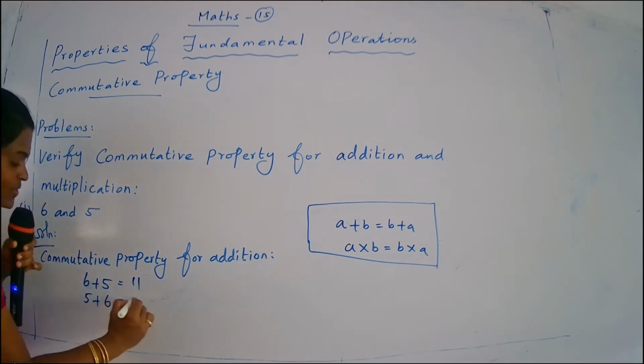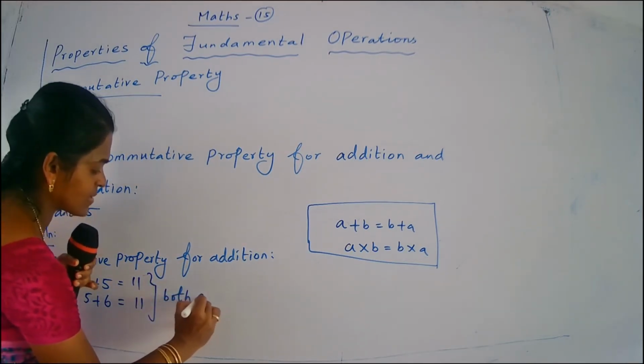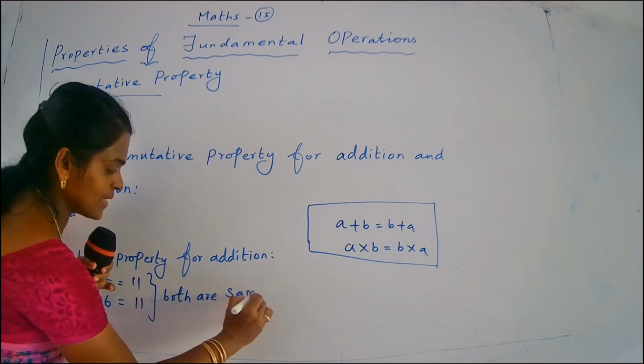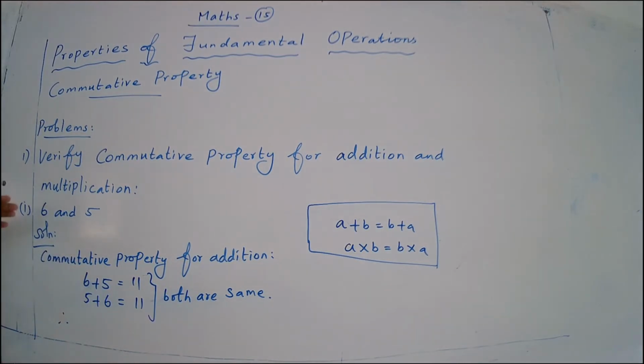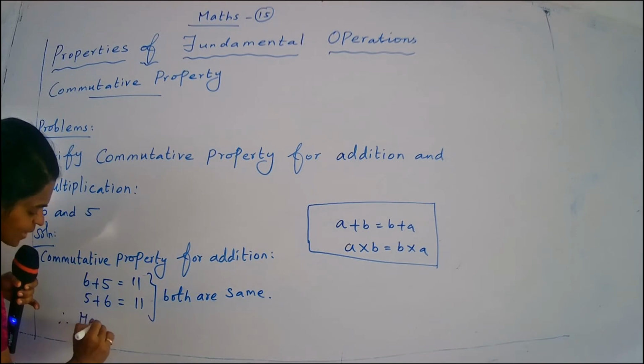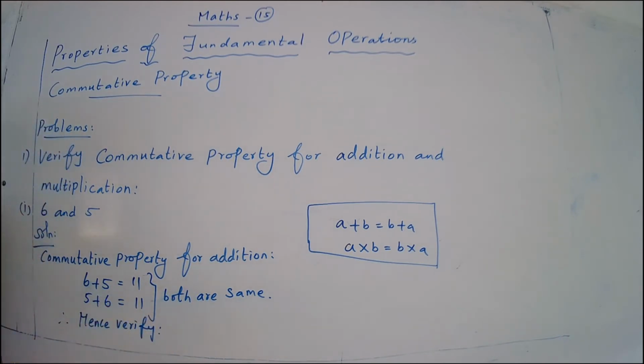Again 5 plus 6 also your answer is 11. These answers are both the same. Therefore the commutative property is true for addition. So hence verified. This is commutative property for addition.